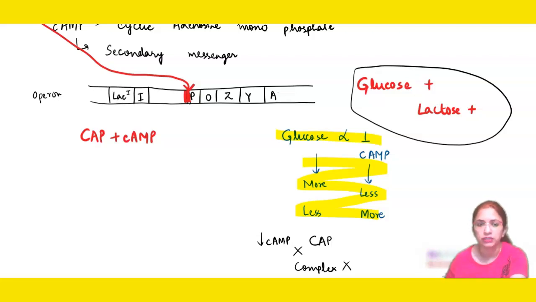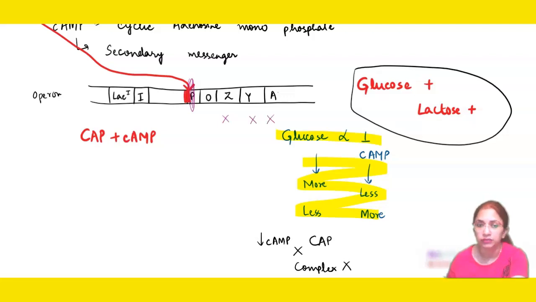If this complex is not formed, it will not bind at the CAP site. So what will happen ultimately? RNA polymerase will not bind, and if it does bind, it will not move on. That means the genes required for breaking down lactose and taking lactose into the cell will not be synthesized.